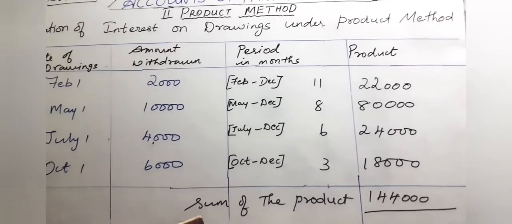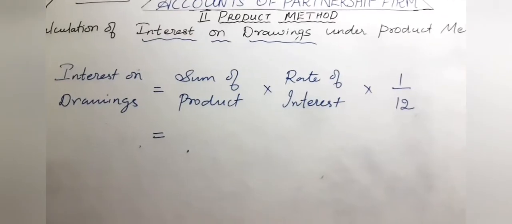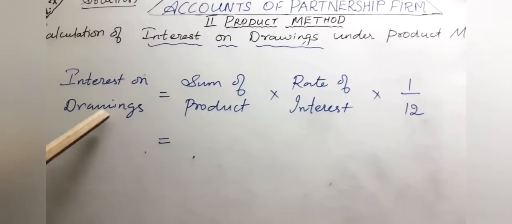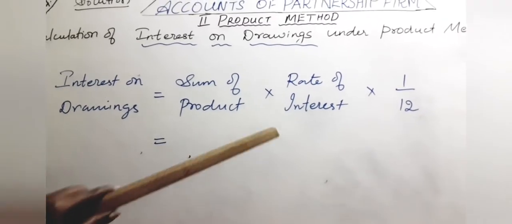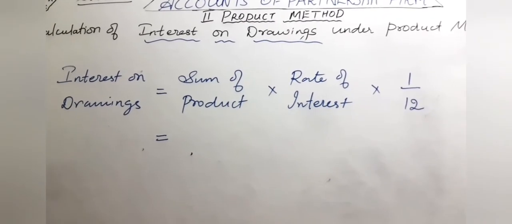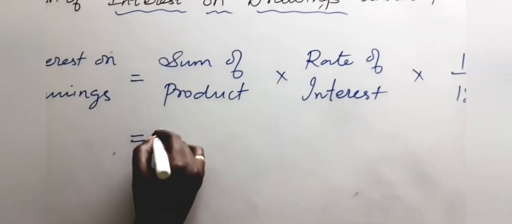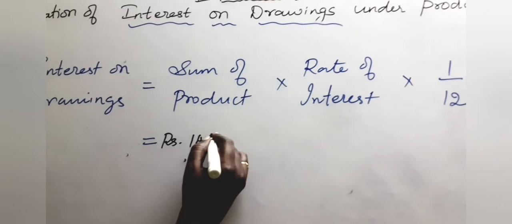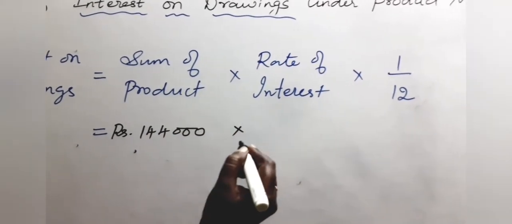Now we want to apply the sum of the product in the formula. Now see the formula, children: interest on drawing is equal to sum of product into rate of interest into 1/12. So what is the sum of product we got? That is 1,44,000 rupees. And what is the rate percentage?